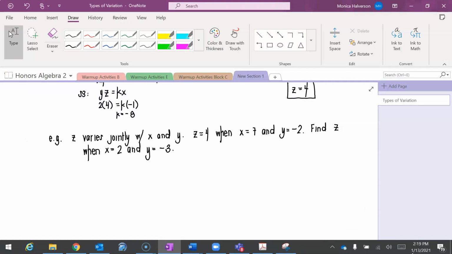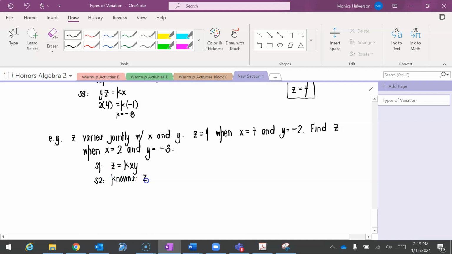All right, so let's go through this one together. z varies jointly with x and y. So that would be z is equal to kxy. Remember, if it just says jointly, then you know it's direct variation. Then we're going to look at our knowns and our unknowns.